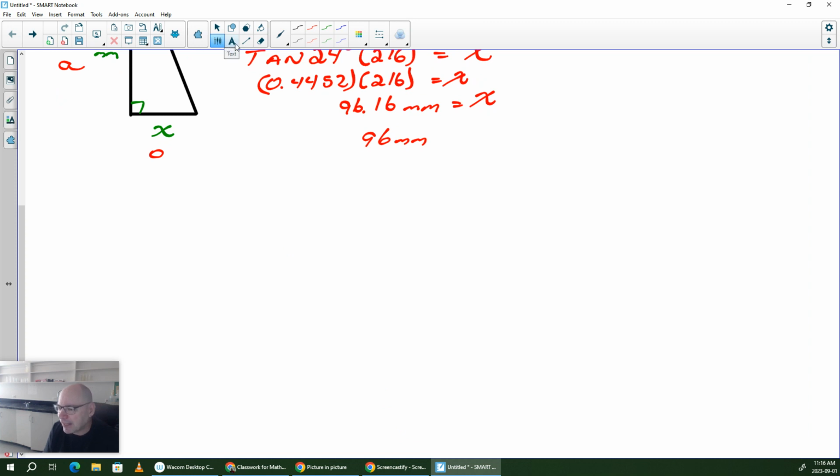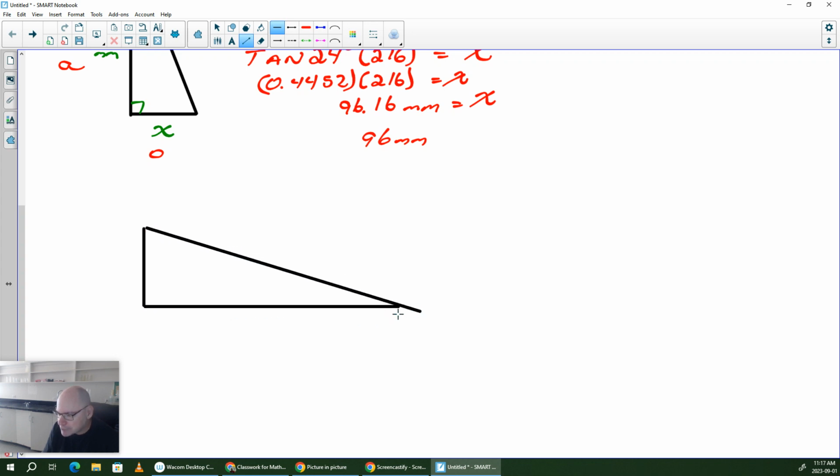So let's say I have this triangle here, like a ramp. That one went over a little bit, but that's just to the point there.